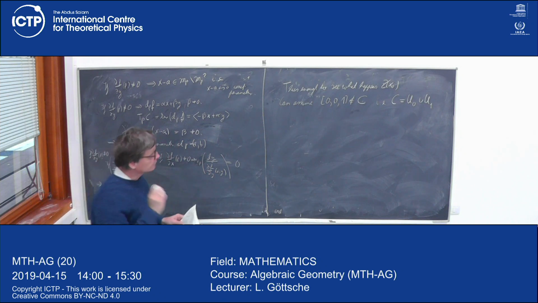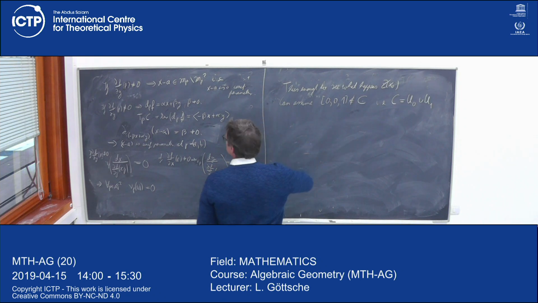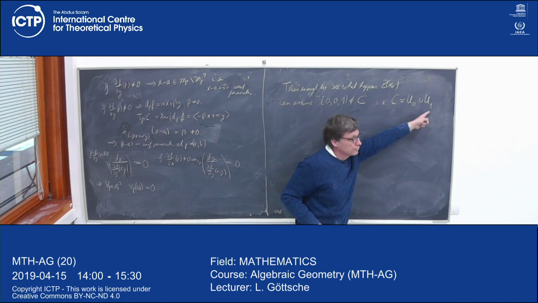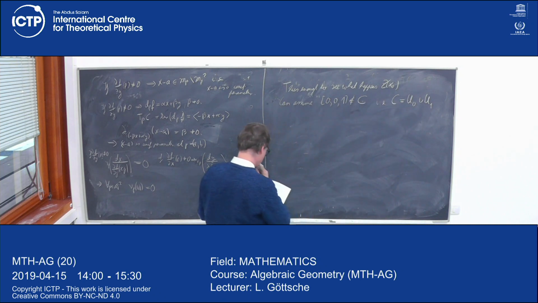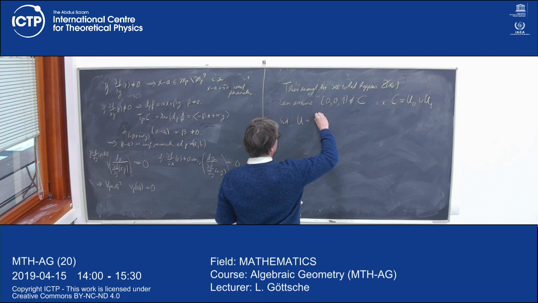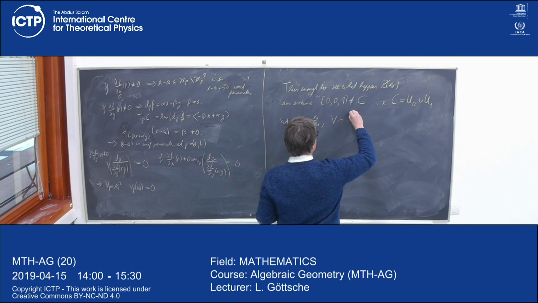Now I do the same thing again with the local coordinates on U1. So let u equal x0 divided by x1, and v equal x2 divided by x1.